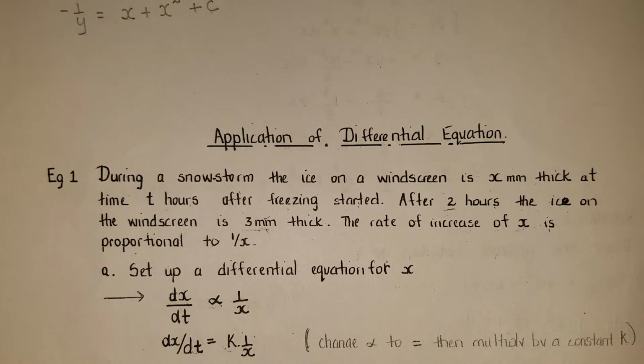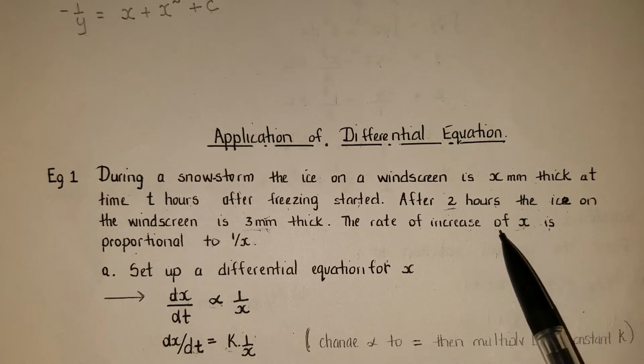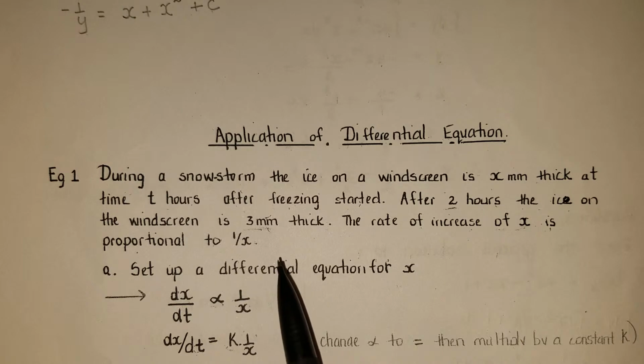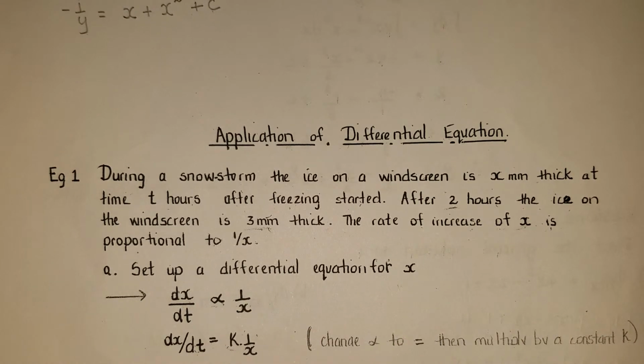After 2 hours, the ice on the windscreen is 3 millimeters thick. The rate of increase of X, remember X is the thickness of the ice, is proportional to 1 over x. So first they want us to set up a differential equation for x.